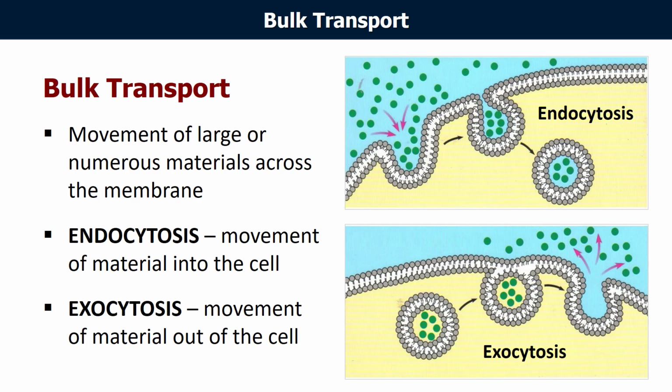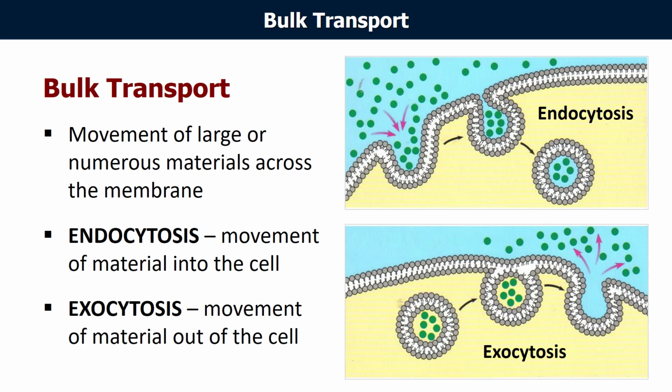So we've brought some of the green dots in. But notice at the same time we lost part of the membrane material because some of that plasma membrane got pinched away and became an interior transport vesicle. So you actually lose cell membrane when you do endocytosis.